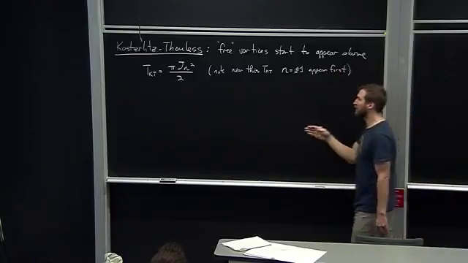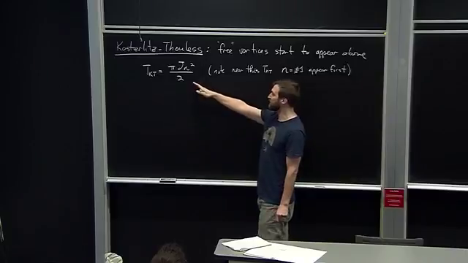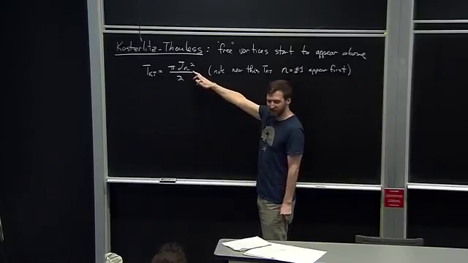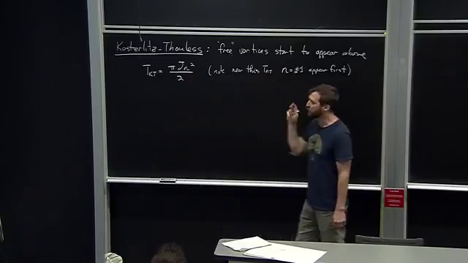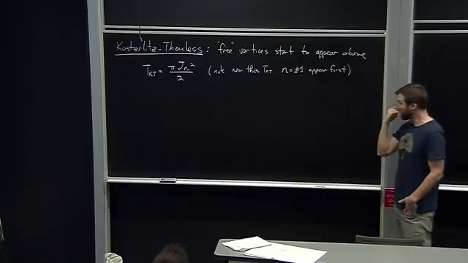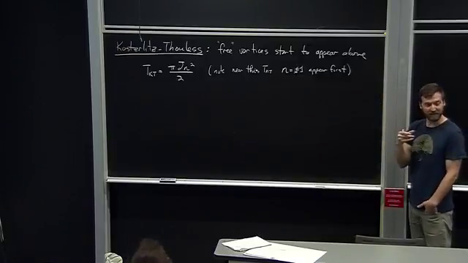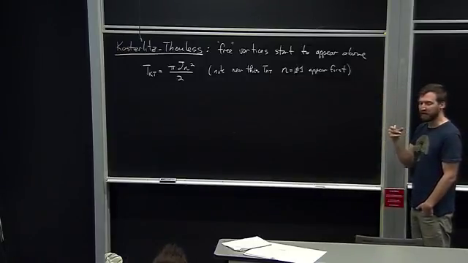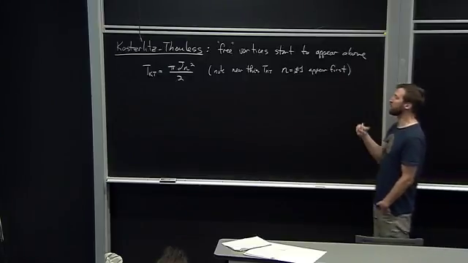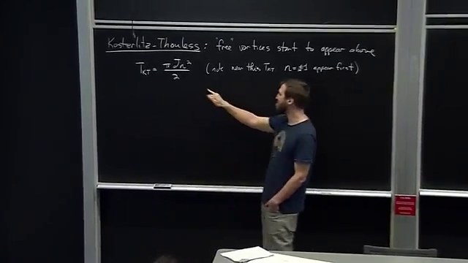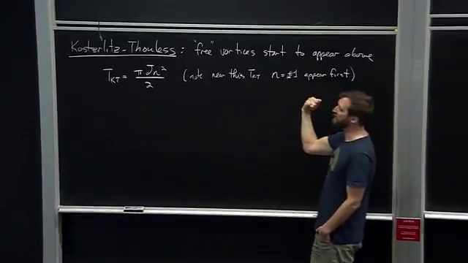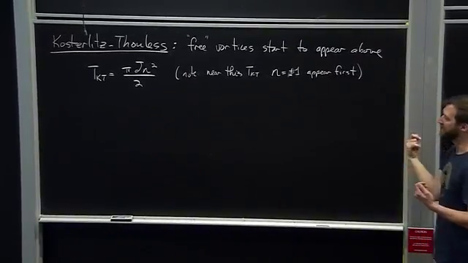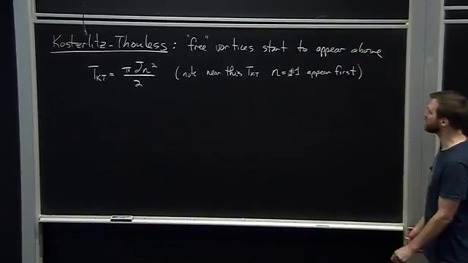Below the Kosterlitz-Thouless transition, where n squared is the topological charge of the vortex, you basically have no vortices, or as we're going to see today, they are actually vortices bound with a logarithmic Coulomb potential. And above that temperature, the plus and minus vortices can unbind.